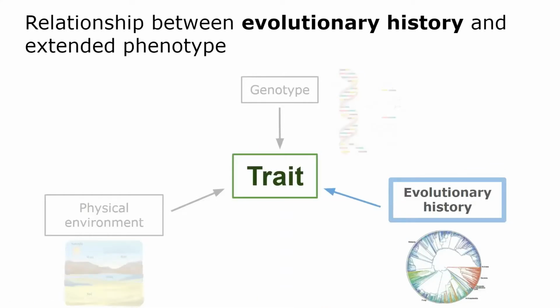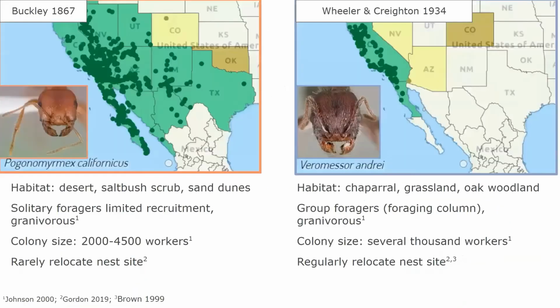To look at the relationship between evolutionary history and the extended phenotype, we compared nest structures of two different harvester ant species, Pogonomyrmex californicus and Veromessor andrei. The main takeaway between these two species is while their ranges do overlap here in Southern California, Pogonomyrmex californicus's range extends to hotter and drier climates.